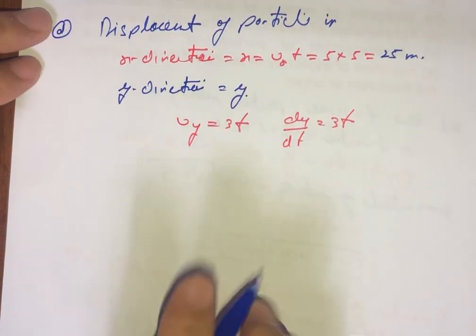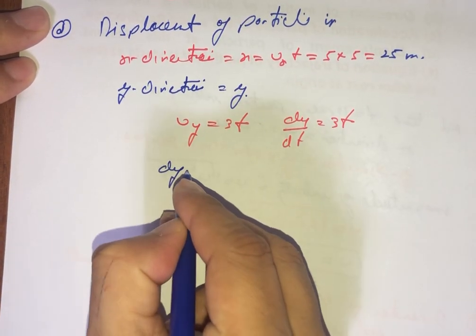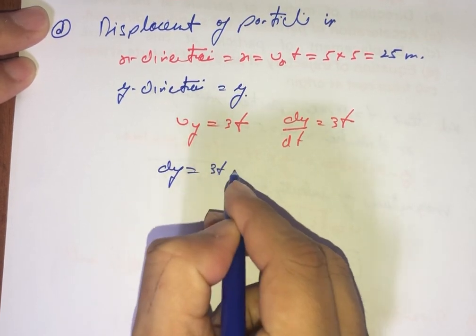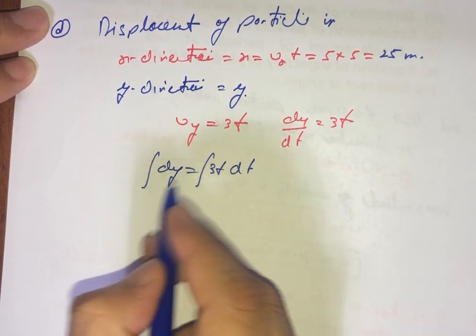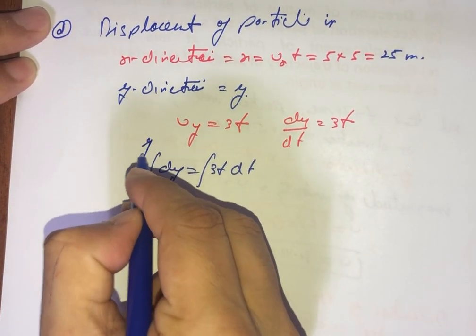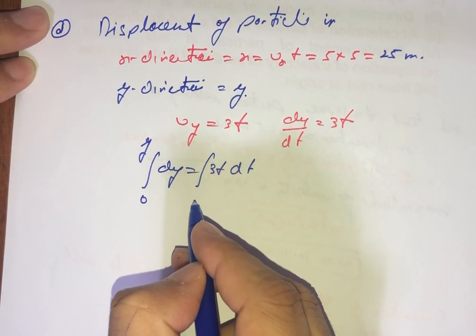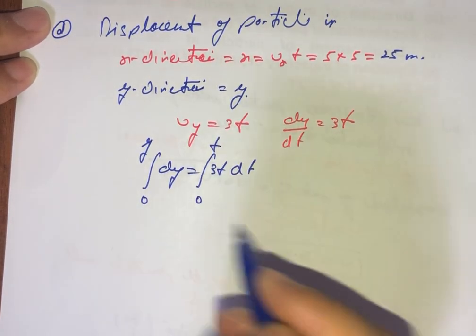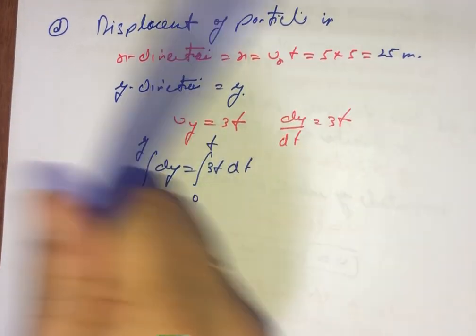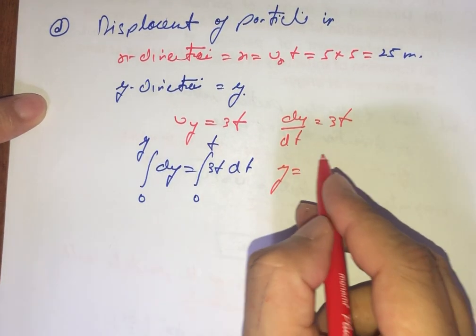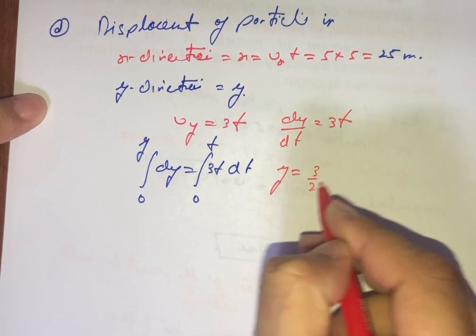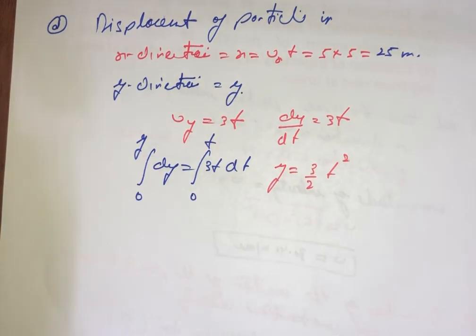From here we can write dy is equal to 3t dt, and integrating with respect to the respective intervals, that is 0 to y, and time 0 to t, we get y is equal to 3 by 2 t square.